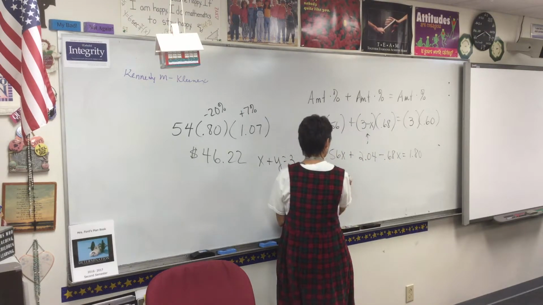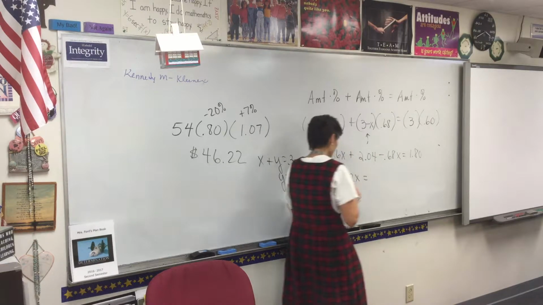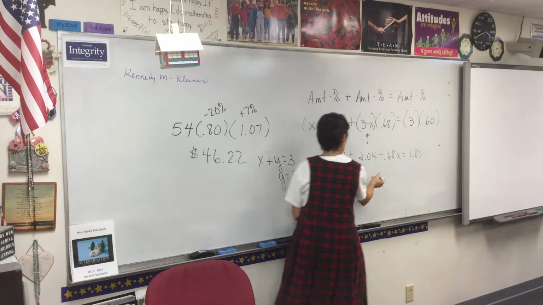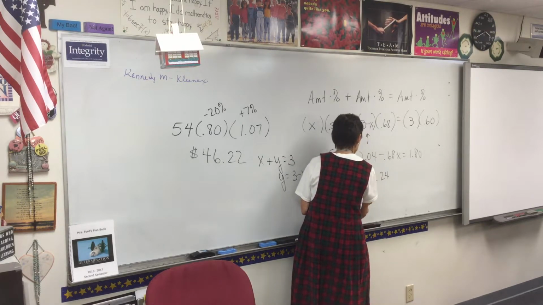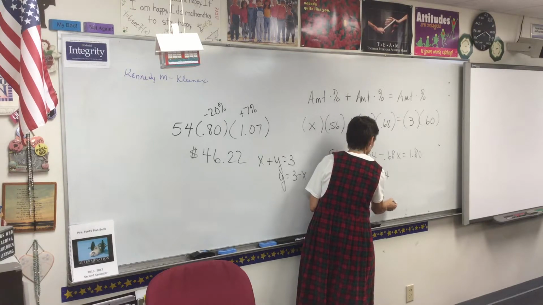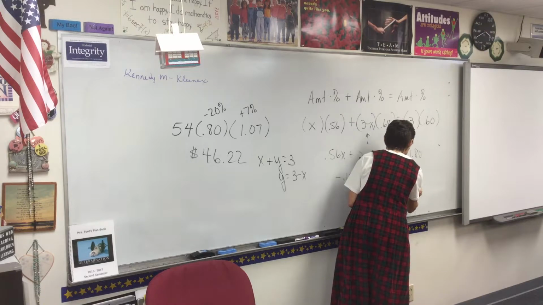So what is that? Negative 0.12x. And I'm going to go ahead and subtract that over. And this one works out nice. It's 0.24 divided by 0.12. You got a calculator, so use it. That would be 2 gallons.